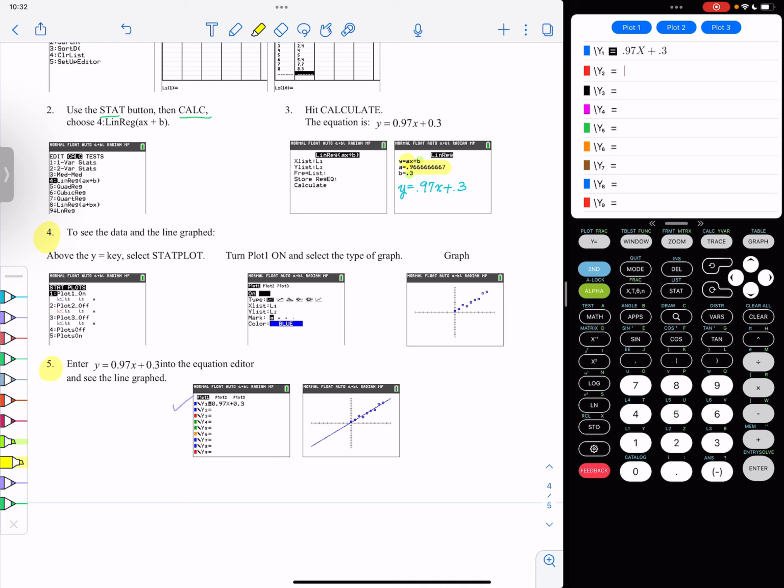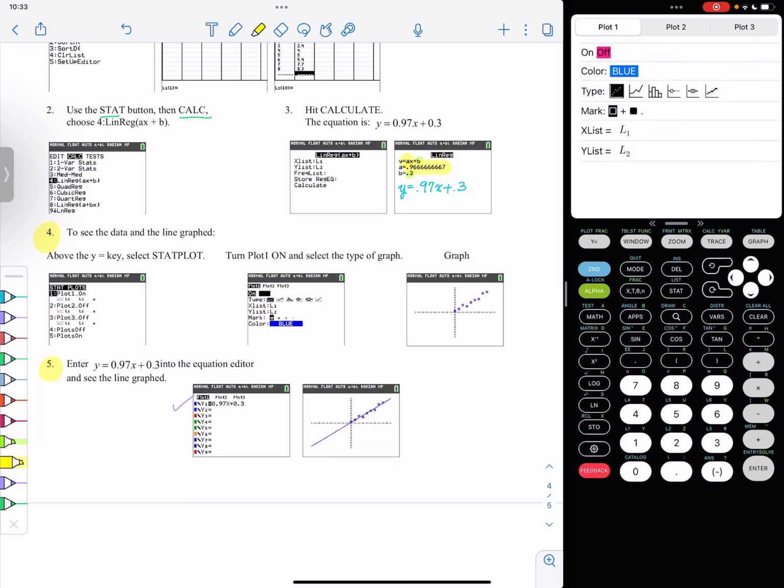So we're going to press second stat, and that would be on the y equals button right above. This calculator is a little bit different. We want to turn the plotter on, and you can leave the colors the same.